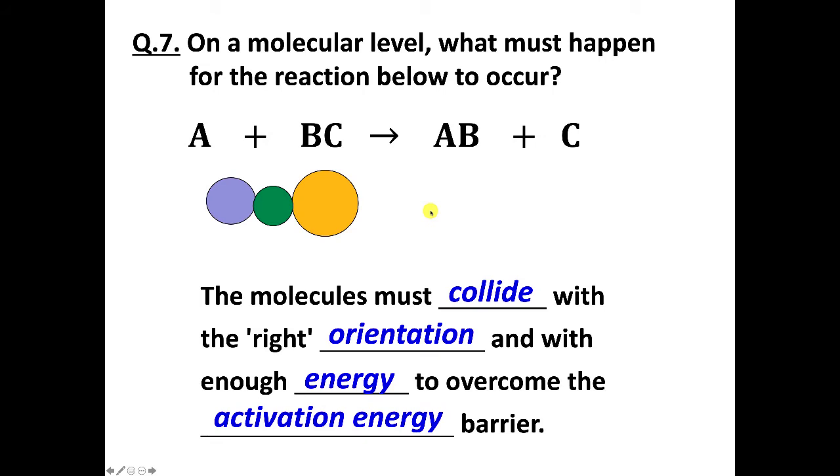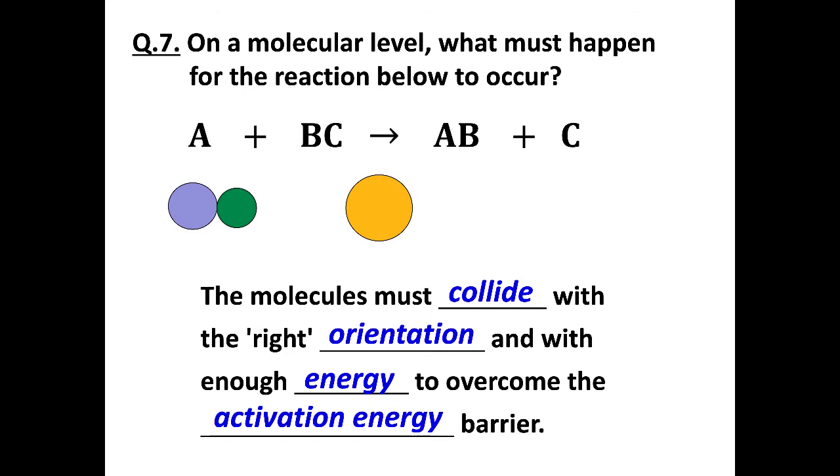So you have to hit hard enough with enough energy to make some bonds break and new bonds form. Like that. Want to see it again? So they hit together, and then A and B stick together, and C separates off by itself.